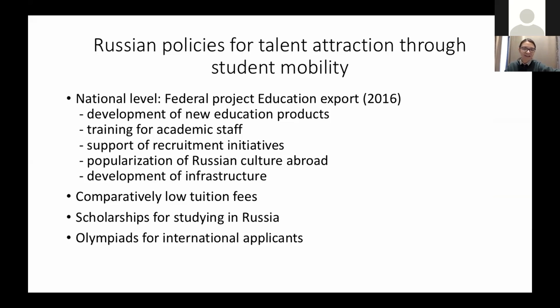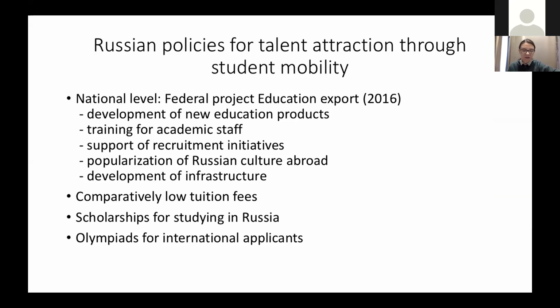The tuition fees are still higher than, for example, in Germany or in tuition-free countries. However, they still vary from $5,000 to $10,000, which is low in comparison to many competitors.